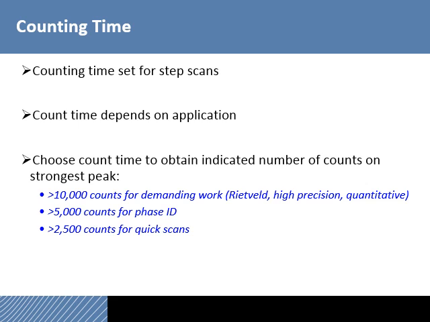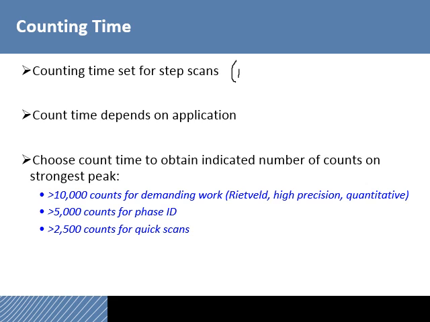If you want to know how long your overall scan is going to take, it should be relatively straightforward. You take your count time in seconds per step, and let's just say as an example, we select 100 seconds a step. The total count time in the diffractometer might calculate out something like this.